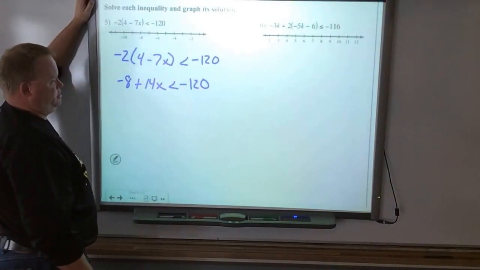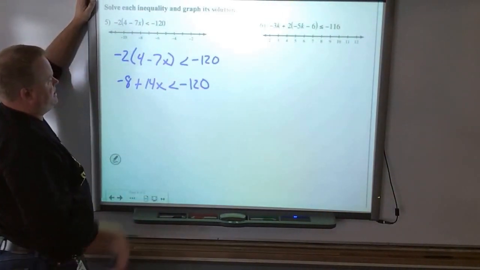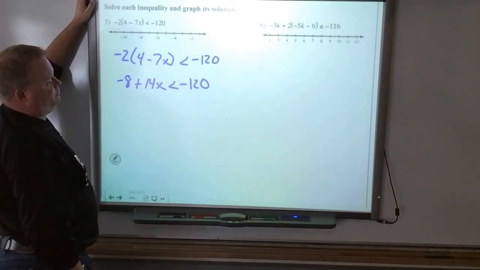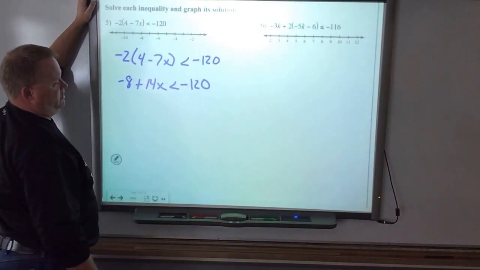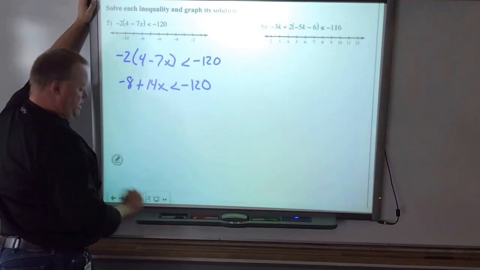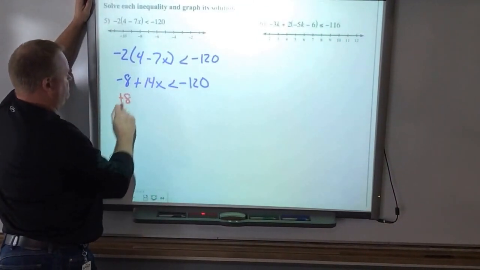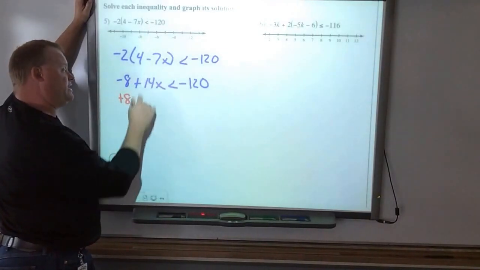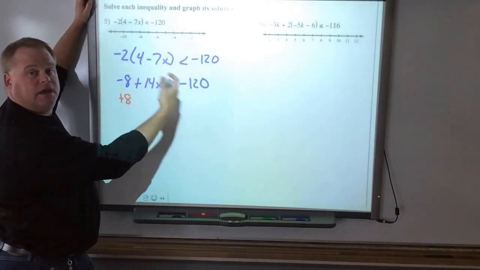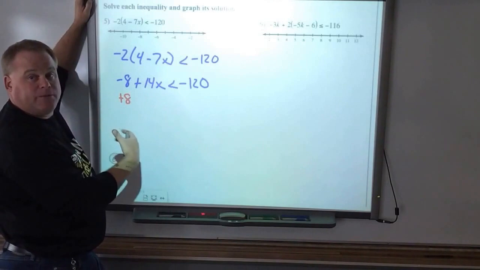That does not change. Now, I look at this and I've got a -8, I got a positive 14x, and I've got a -120 on the other side. I know that I can add 8 to get rid of this 8 and move it to the other side because I want x's on one side and numbers on the other, just like I would do in an equation.